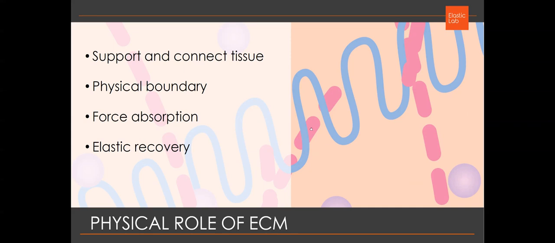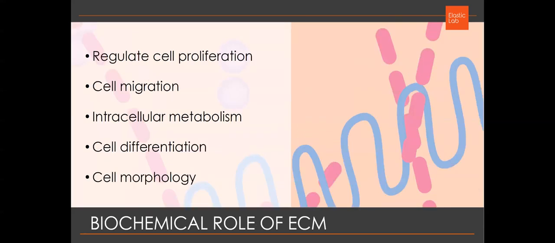The physical role is to support and connect tissue. It acts as a physical boundary, and it enables force absorption and elastic recovery. What is the biochemical role of the ECM? There are various roles, such as regulating proliferation of cells as well as migration, intracellular metabolism, cell differentiation, and morphology.